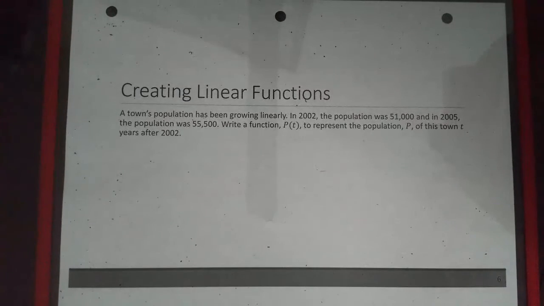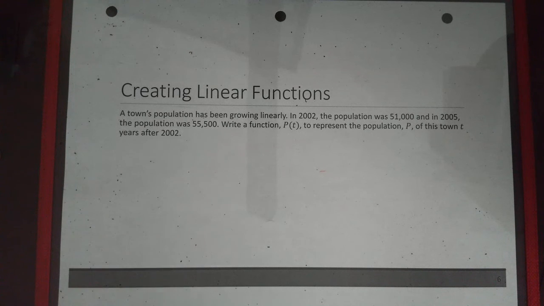We're now going to make another linear function. A town's population has been growing linearly. In 2002, the population was 51,000, and in 2005, the population was 55,500. Write a function p of t to write the population p of the town t years after 2002.